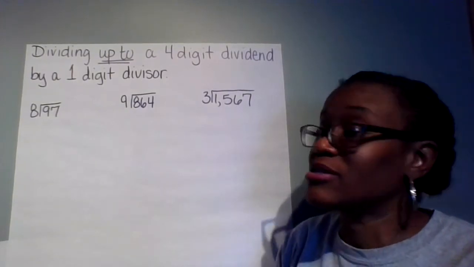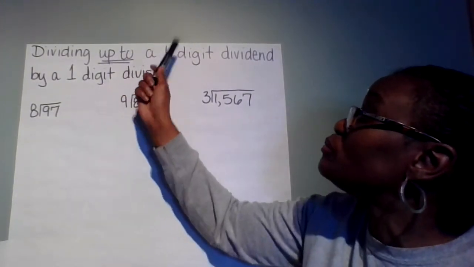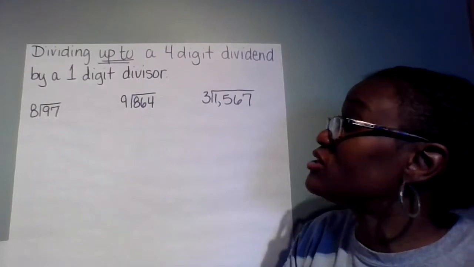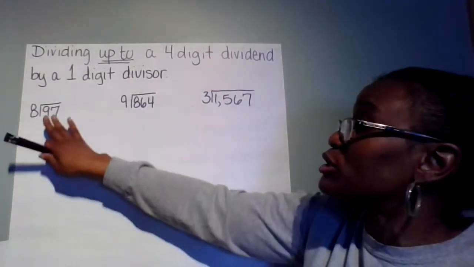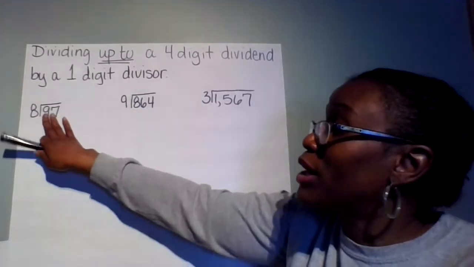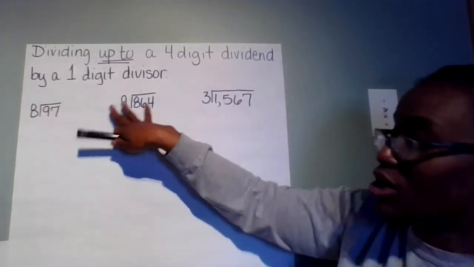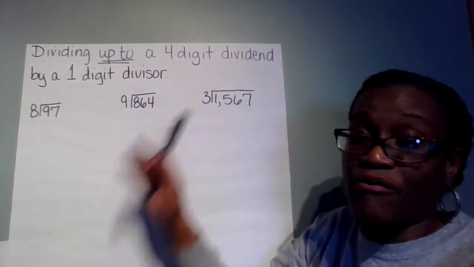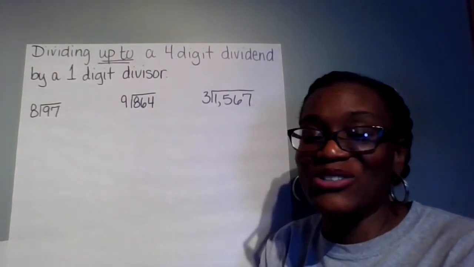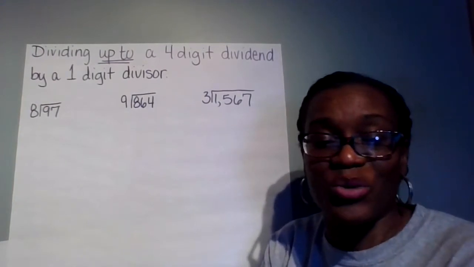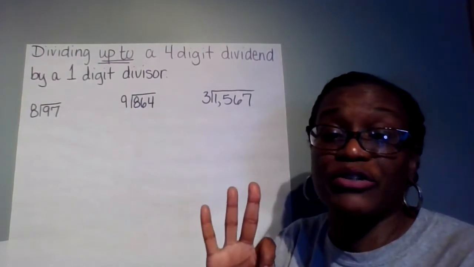So the fourth grade standard says up to a four-digit dividend, so I'm going to do three problems, one that has a two-digit dividend, a three-digit dividend, and then a four-digit dividend. I'm going to show you how to divide these three problems using three different strategies.